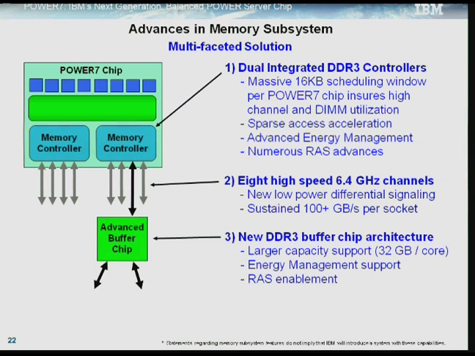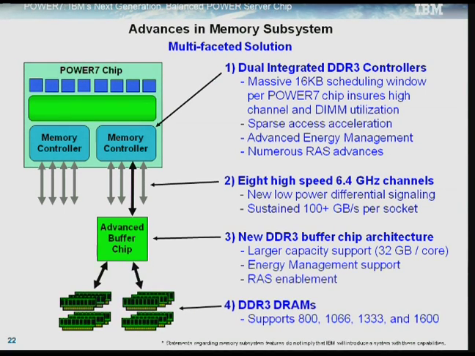We have a brand new, from-the-ground-up memory buffer chip design that really is built to fit hand in glove with that on-chip memory controller. Each one is like one half of the brain, the other is the other half of the brain. You don't have one without the other. A key element here is we have 2 ports coming off the back of this, and that's really what's driving the additional capacity support.